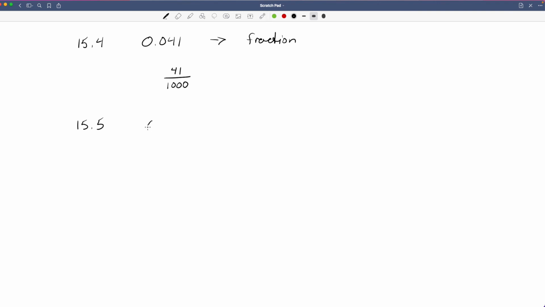15.5 wants us to turn 0.35, that's 35 hundredths, into a fraction. So 35 hundredths means 35 over 100. Now we know that something is divisible by 5 if it ends in 5 or 0.